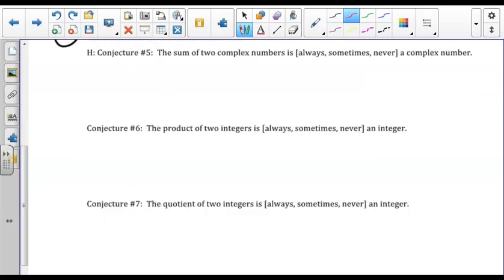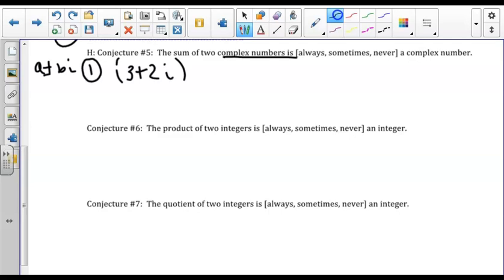On conjecture 5, we are asked if the sum of two complex numbers is always, sometimes, or never a complex number. So recall that a complex number is in the form a plus or minus bi. So we're going to choose some complex numbers to add together. If we choose the complex numbers 3 plus 2i plus 4 minus 3i, we can only add the real and the imaginary parts together.